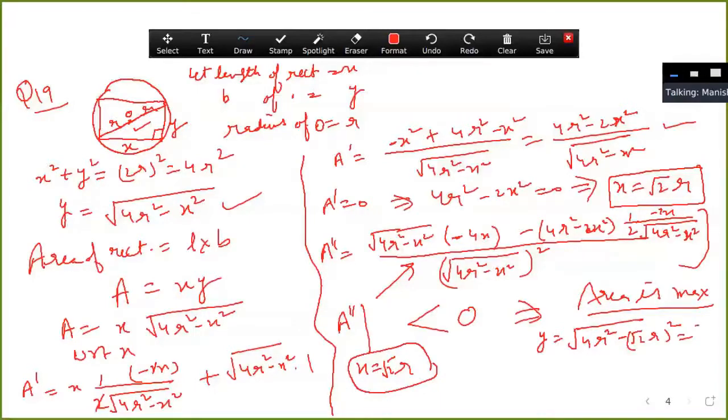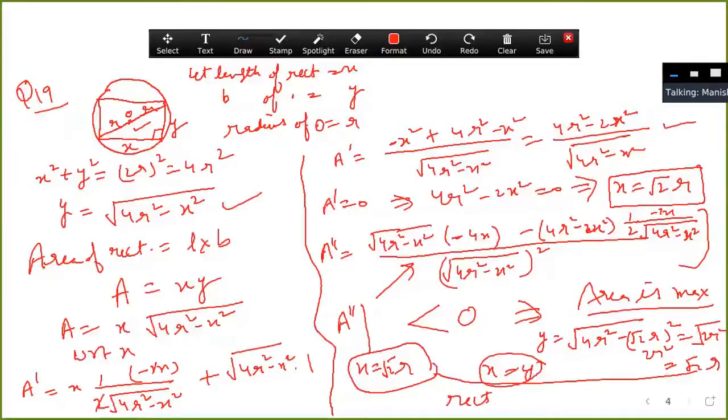It means you are getting root 2r square, it means you can say it is root 2r. x and y both are the same. It means what? The rectangle becomes a square. If the rectangle becomes a square, then only the area of the enclosed figure and area of the rectangle will be maximum. This is question number 19. Do it.